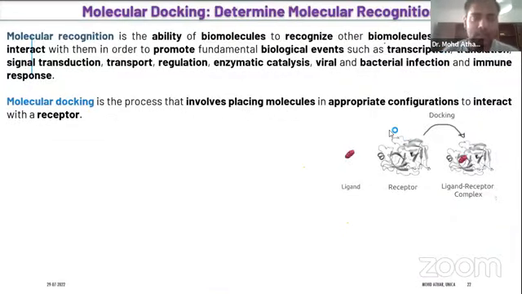So basically, in computational designing, one of the major approaches is molecular docking. Molecular docking is actually a molecular recognition process. It's a process of identifying how molecules bind and do crosstalk. This kind of molecular interaction is very important in events like transcription, translation, signal transduction or catalysis.